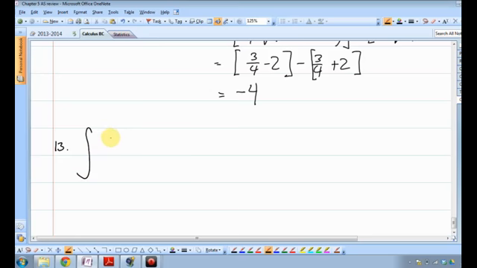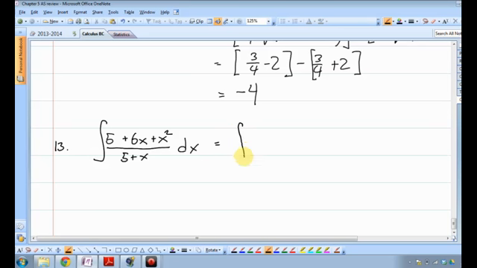It's 5 plus 6x plus x squared over 5 plus x dx. And this is kind of like the limit problems where you factor and cancel. This is 5 plus x times 1 plus x over 5 plus x dx.